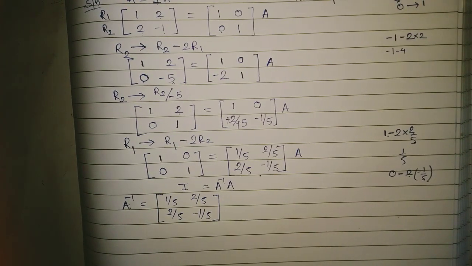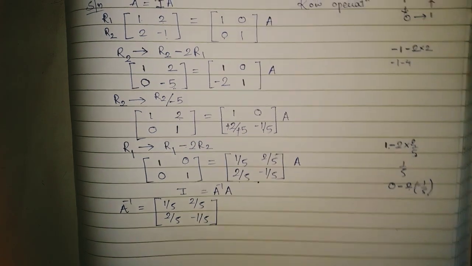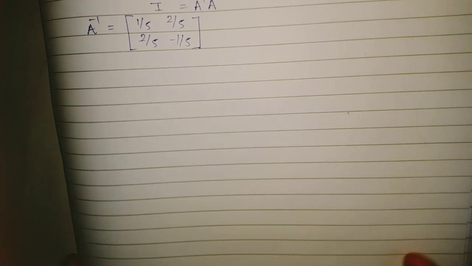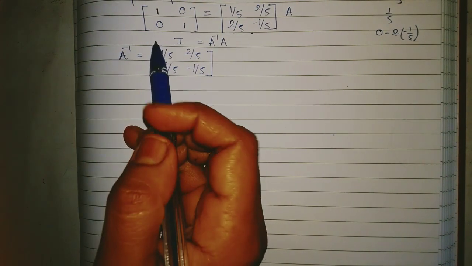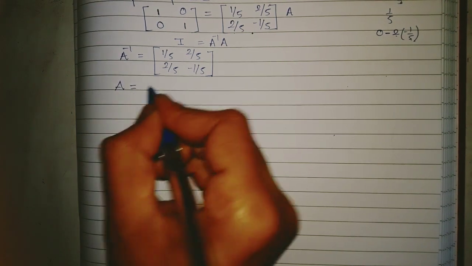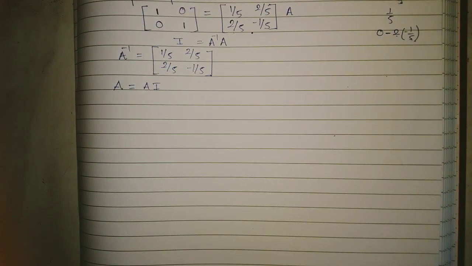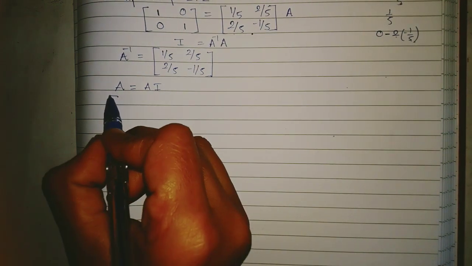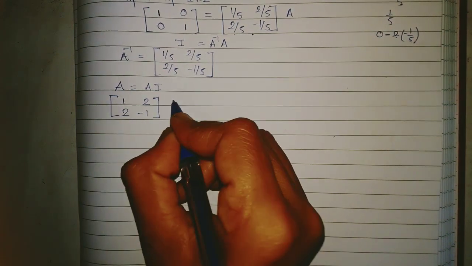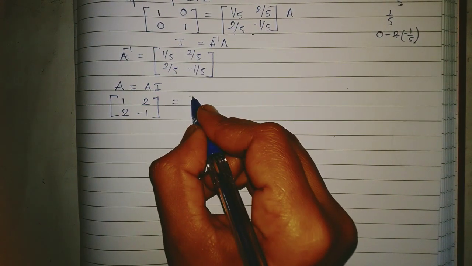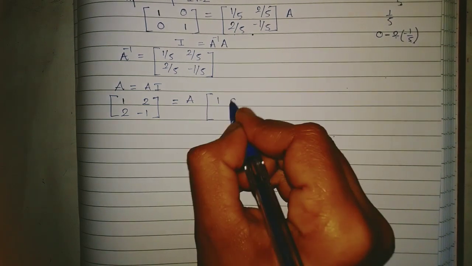Let's prove the same thing by using column operation. So let's start. For column operation, you have to use A is equal to A into I. So write your A matrix 1, 2, 2, minus 1 equal to A into I, which is 1, 0, 0, 1.